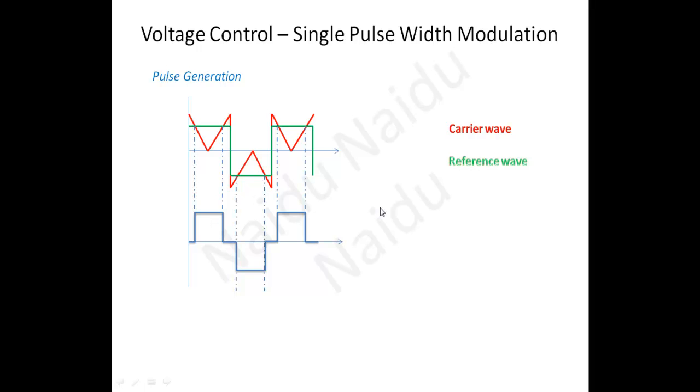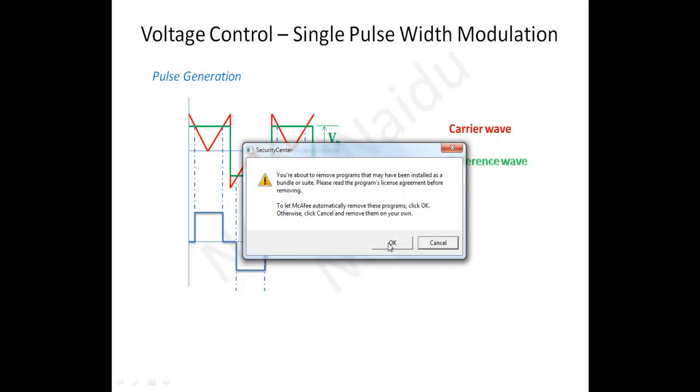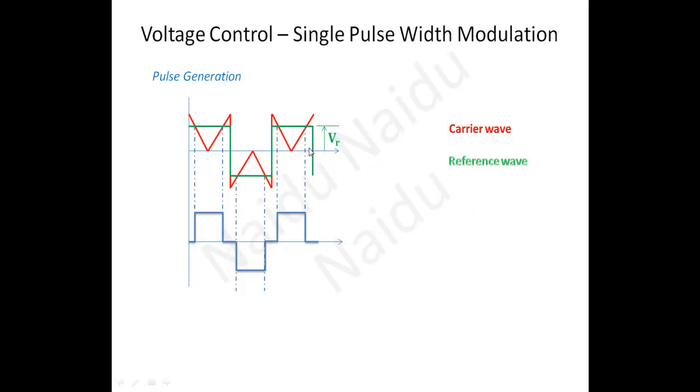Remember that. Okay. There is another important thing here, the amplitude of the reference wave. The amplitude of this reference wave is VR and the amplitude of this carrier wave is VC. To control the pulses, either increasing the pulse width to increase the output voltage, or decreasing the pulse width to decrease the output voltage, we need to control these waveforms.